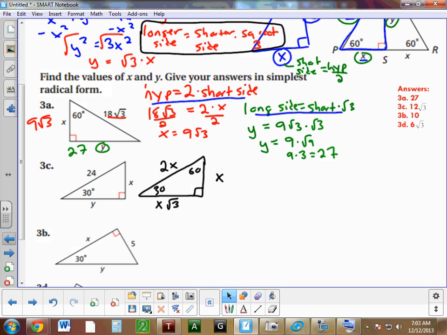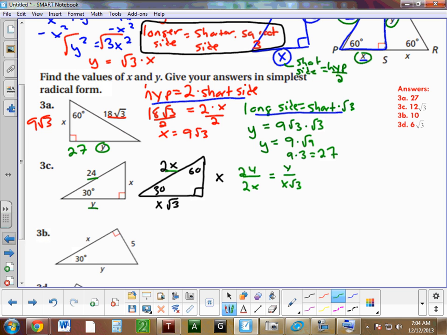So if I wanted to solve for, say, y, I could set up a proportion using the 24. So I should be able to say 24 over 2x, which these two correspond, equals y over x root 3. And I should be able to solve for it.